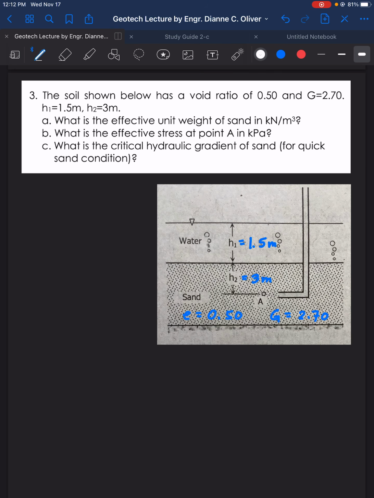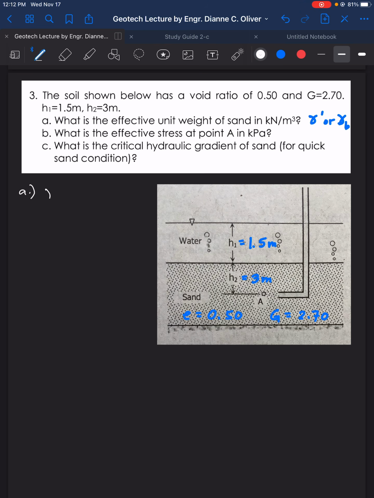So we have 2 ways to solve for the gamma effective. So it's looking for gamma effective, or that is gamma buoyant. Number 1. The first one is the formula itself.